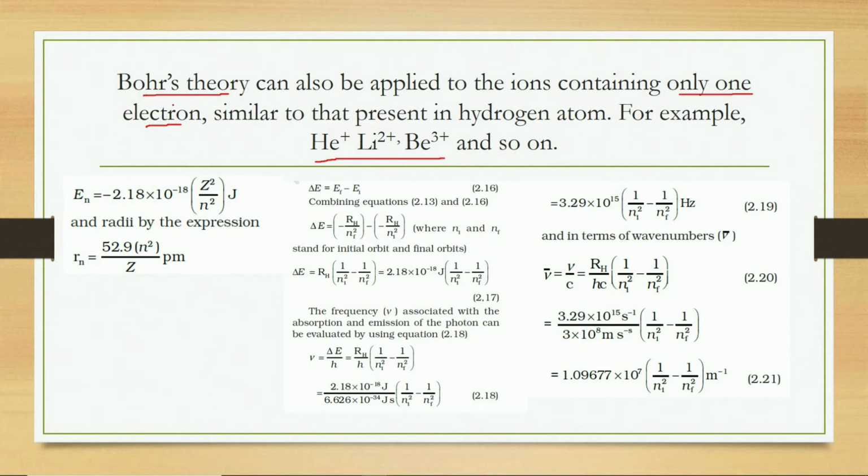The energy for hydrogen-like species is minus 2.18 into 10 raised to power minus 18 Z square divided by n square joule. Here Z is the atomic number.